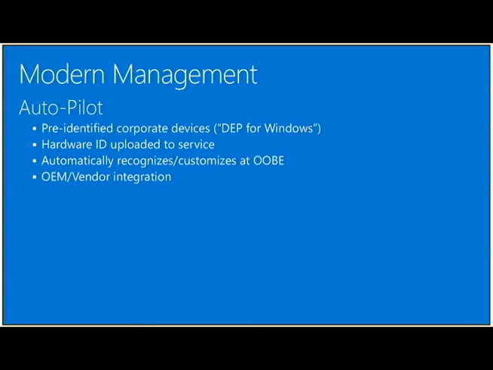And typically your OEM or your vendor is going to provide you with some of the hardware information ahead of time. They're going to send you a spreadsheet or some other manifest as to what the serial numbers and everything else were for those hardware devices. So in this case, it's just that ability to extend that and allow the hardware vendors or the OEMs to upload that information into that instance.